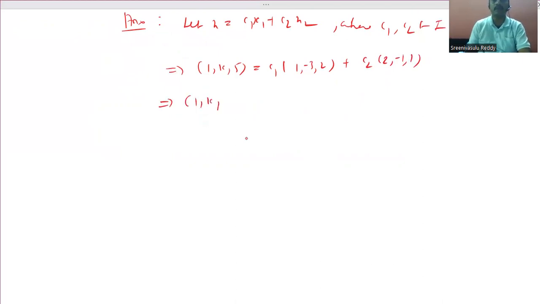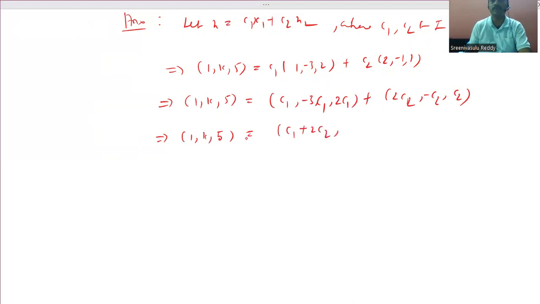So in the left hand side we have 3 tuples, right hand side also 3 tuples. Adding these 3 tuples by using the addition property of components, we get c1 plus 2c2 is the first component, minus 3c1 minus c2 is the second component, 2c1 plus c2 is the third component.